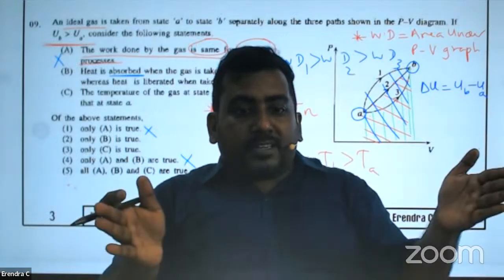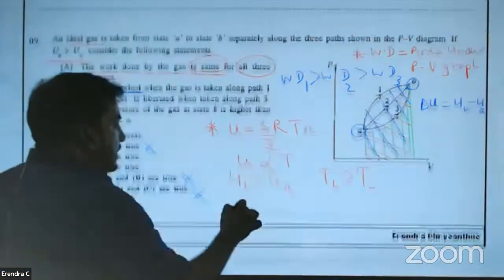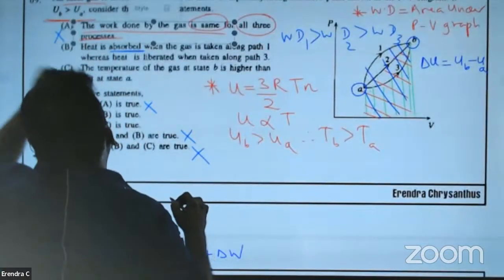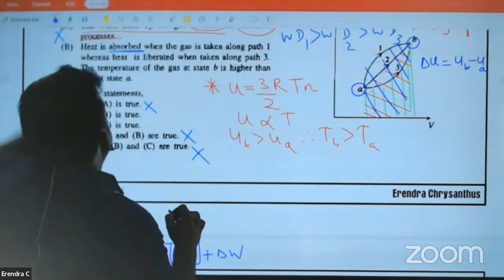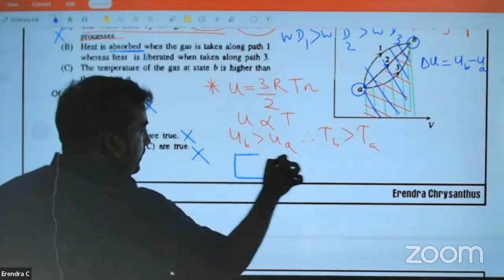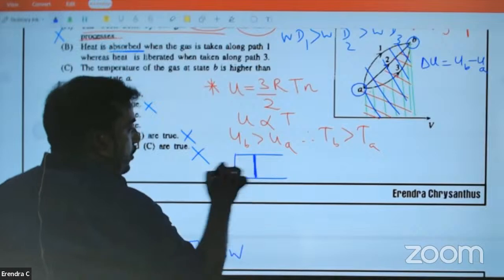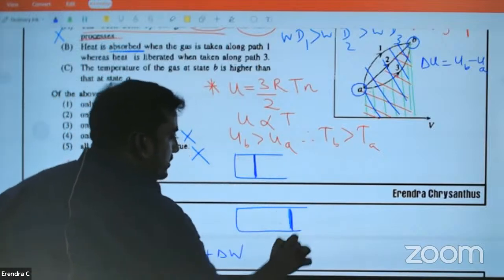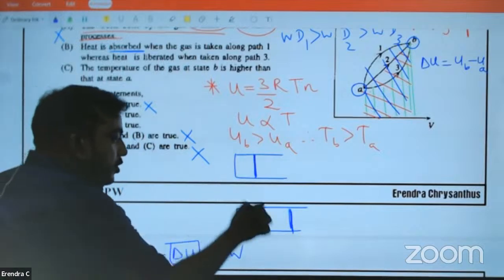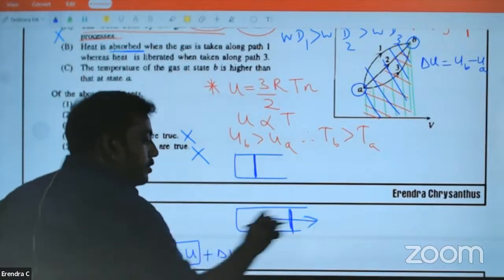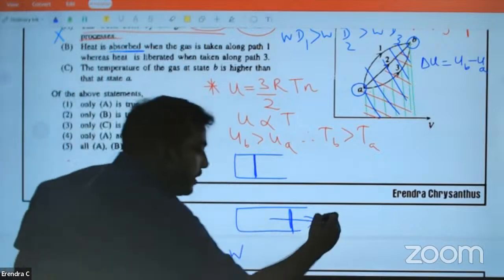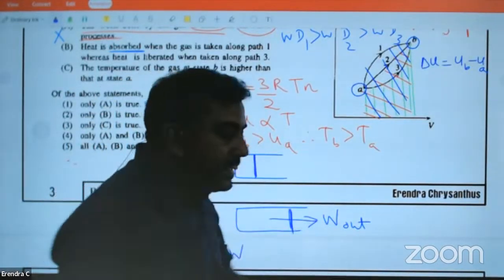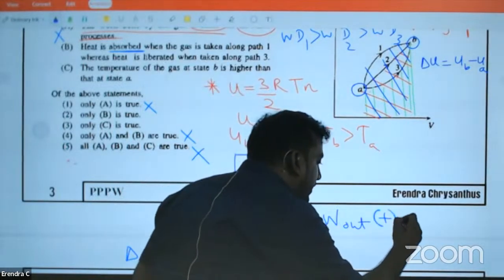If the volume increases, initial piston location is here. Now final piston goes here. What has happened? Volume has increased. Somebody is pushing this out, no? That is work output. Remember, according to sign convention, work output is positive.